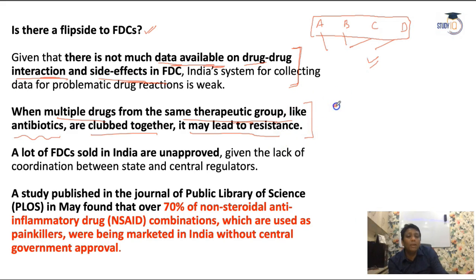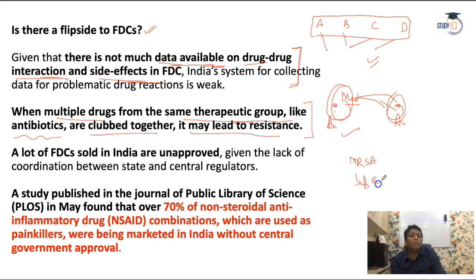If you use one antibiotic and a second antibiotic in combination, resistance may develop against one of them, so one of the antibiotics will not work. Even MRSA infection, even superbug. A question of this type, superbug, is connected with antibiotic resistance or drug resistance.